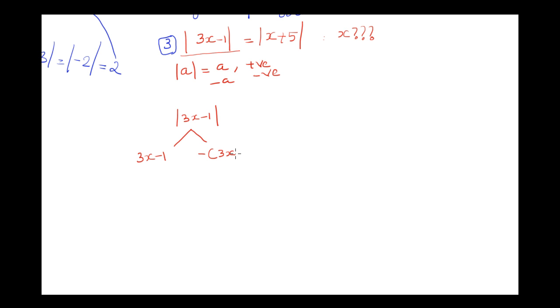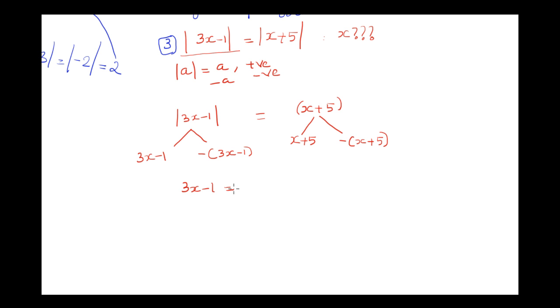In the same way, on the other side we have x plus 5. This will remain as x plus 5 if x plus 5 is positive, or otherwise, if x plus 5 is negative, then this will become minus of x plus 5. Now we have to equate these two. When we equate these two, we get 4 possibilities. So we get 3x minus 1 equal to x plus 5.